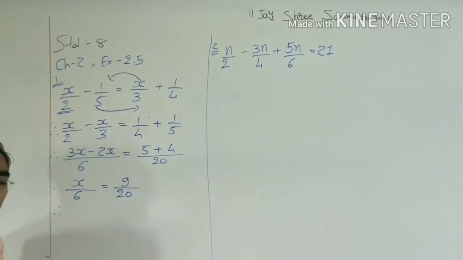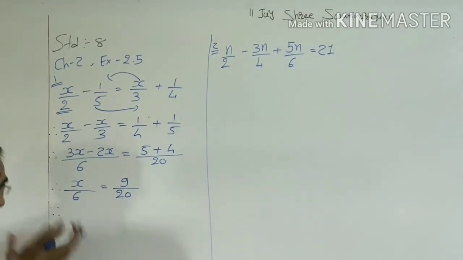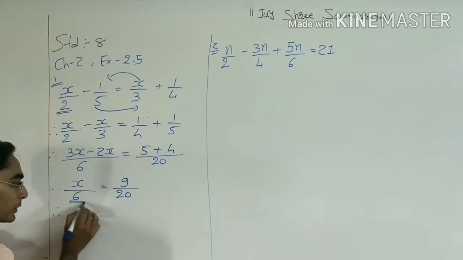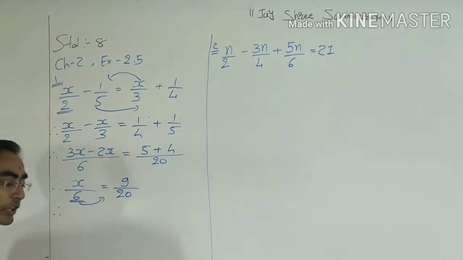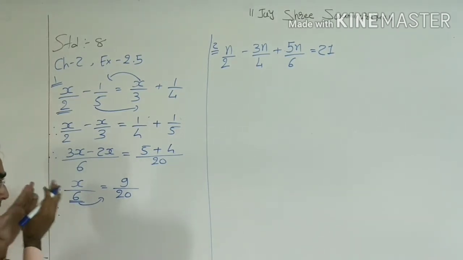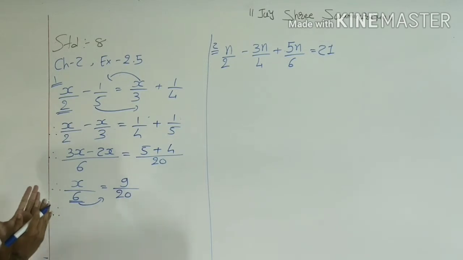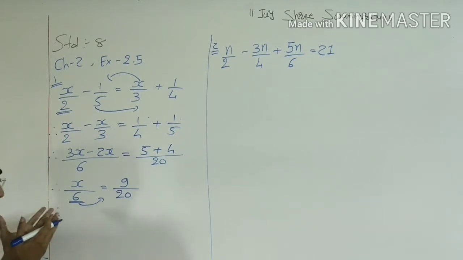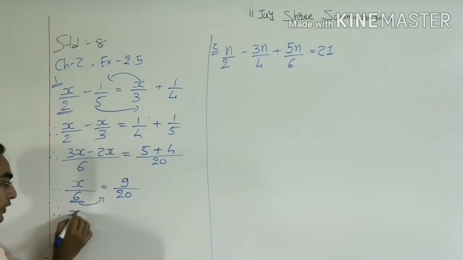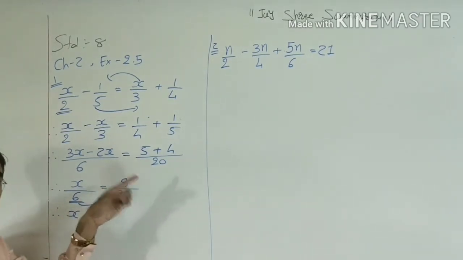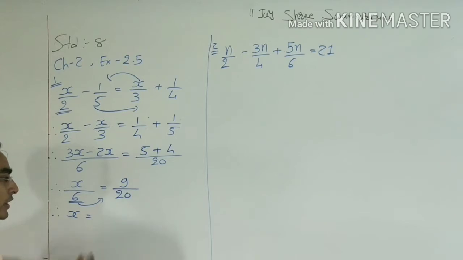Now, if we want to find the value of x, we need to transfer this 6 to the right hand side, because here we want only x. Whatever other terms we have here, we need to transfer to the right hand side.